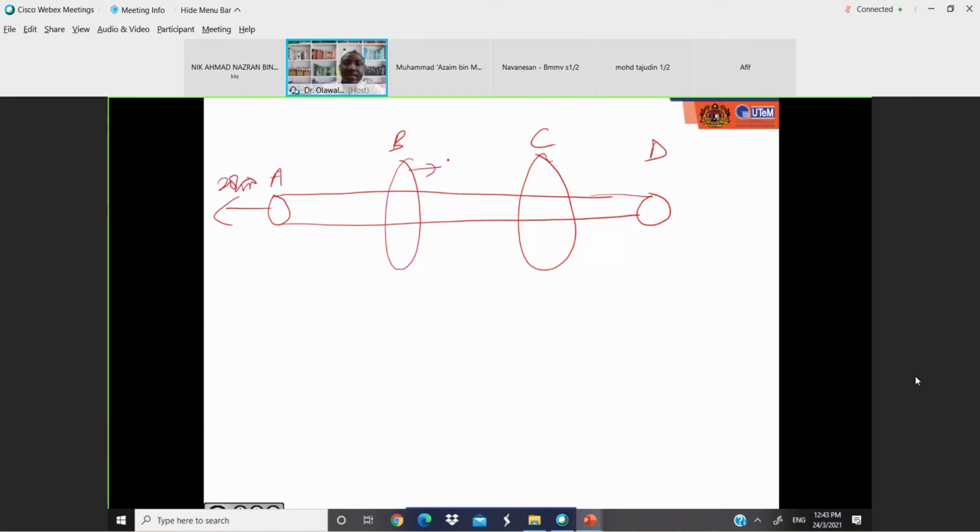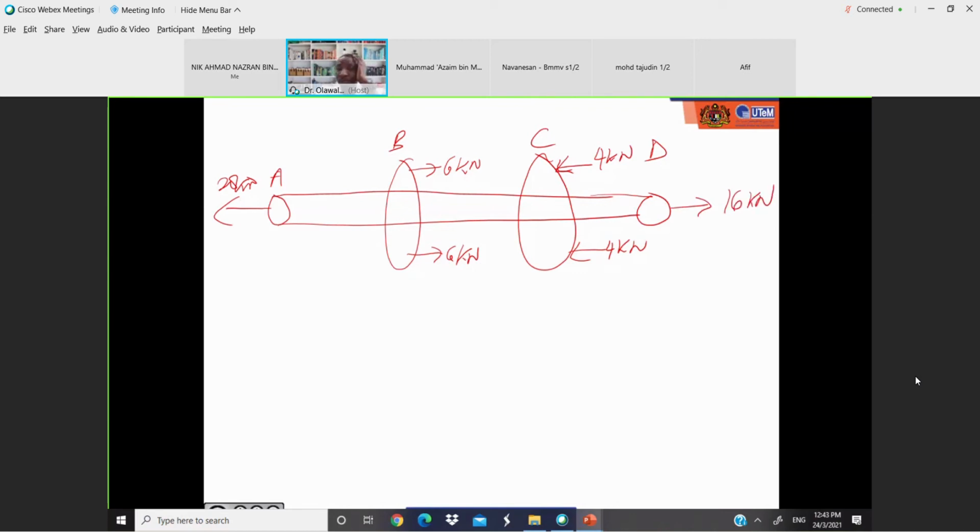Here is 6 kN, 6 kN. This is 4 kN, 4 kN. And this is 16 kN.